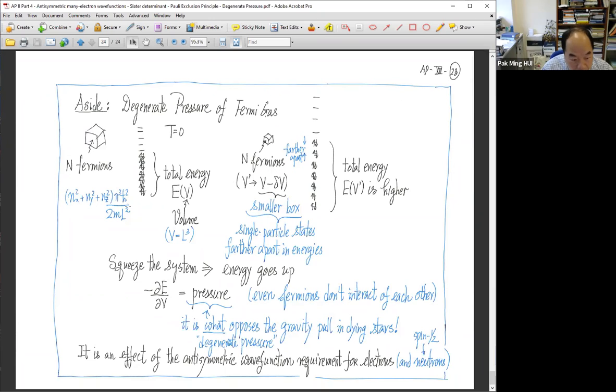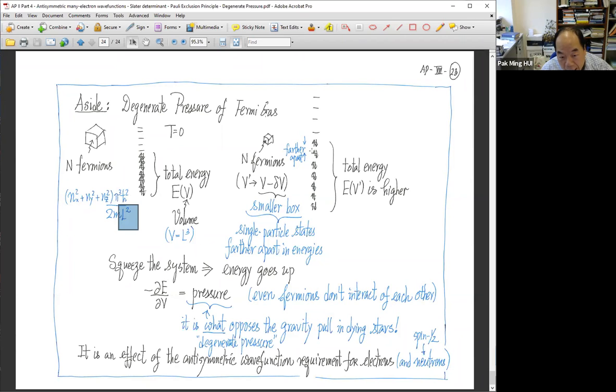Because the particle in the box solution has the length in the denominator, when L becomes smaller, the states become more spread out, farther apart, okay?